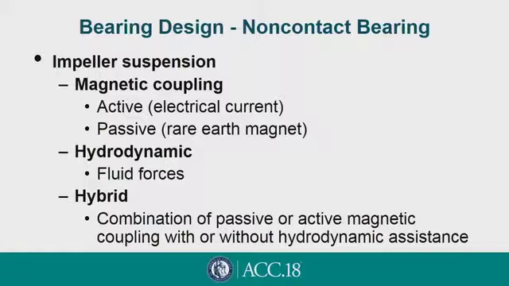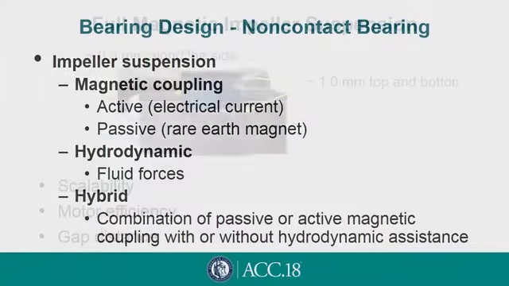One, the levitation system can be magnetic, and you can either have active magnetic levitation, where an electrical current goes through the magnet, and that magnetic force can change with the change in current being passed through the magnet. Or you can have a passive rare earth magnet where there's a constant magnetic field. Or you can have a levitation system that is called hydrodynamic, which depends on fluid film forces. Or you can have a combination of both magnetic and hydrodynamic forces.